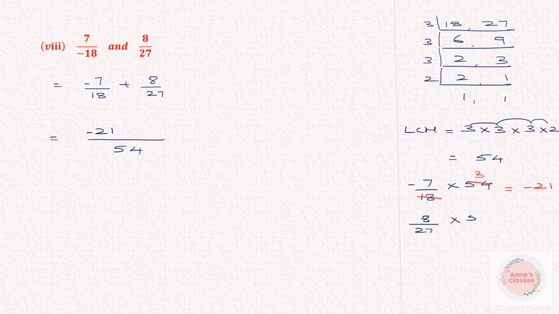Multiply this by the LCM, which is 54. Cancel 27 and 54. 27 2s are 54. Multiply 8 into 2, which is 16. So here it is plus 16. So signs are different. Put the sign of the bigger number and subtract. 21 minus 16 is 5 by 54. So what is our final answer? Minus 5 by 54.